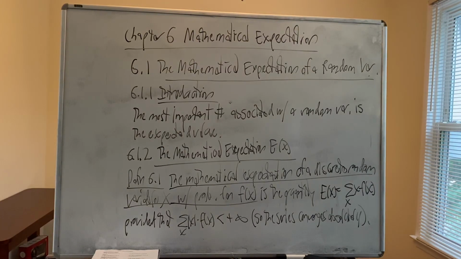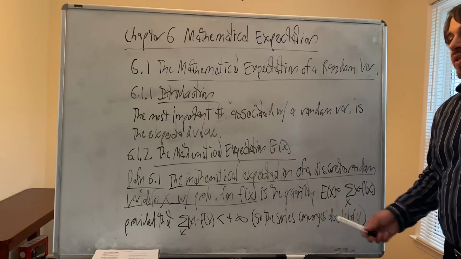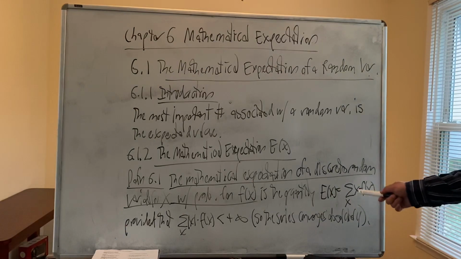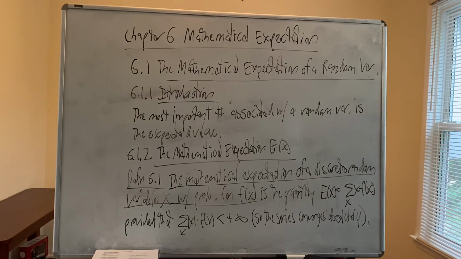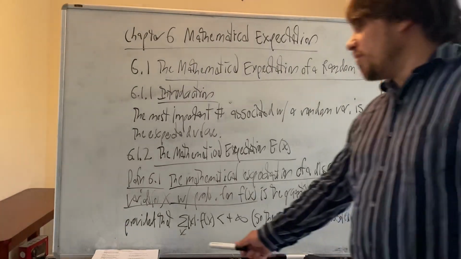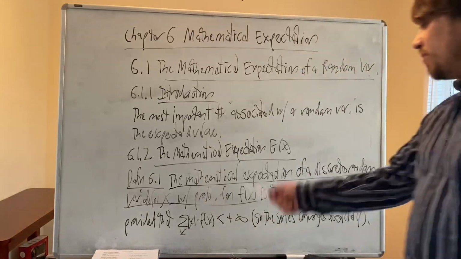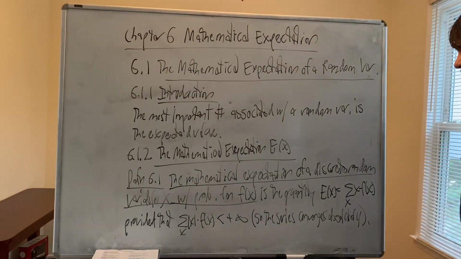So the mathematical expectation of a discrete random variable X with probability function little f of x is the quantity capital E of X equal to the sum over x of x times f of x, provided that the sum over x of the absolute value of x times f of x is finite. So the series converges absolutely.